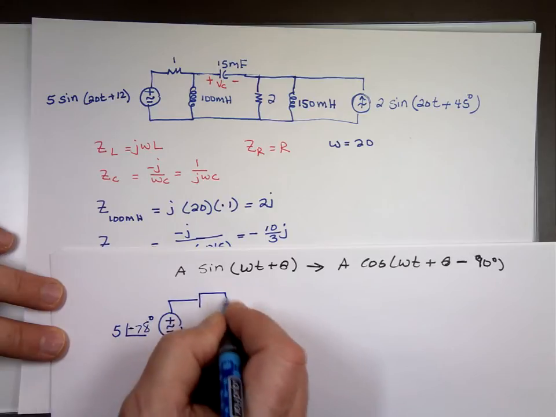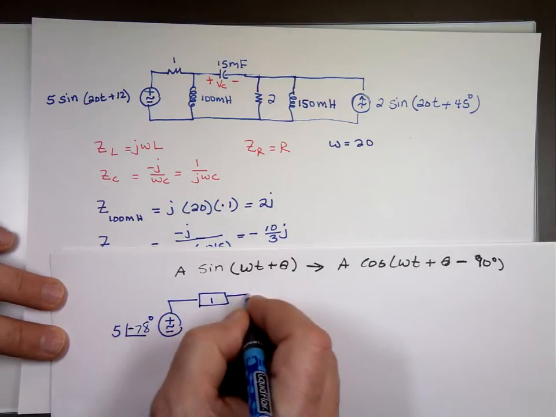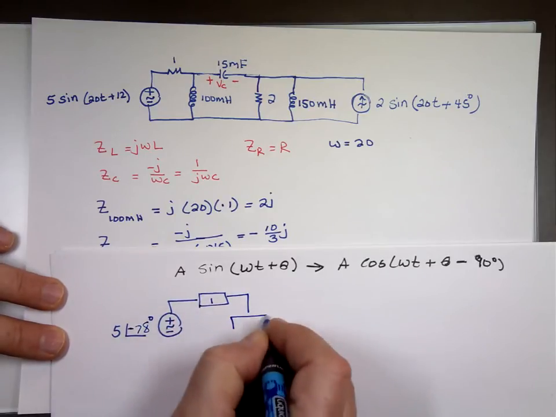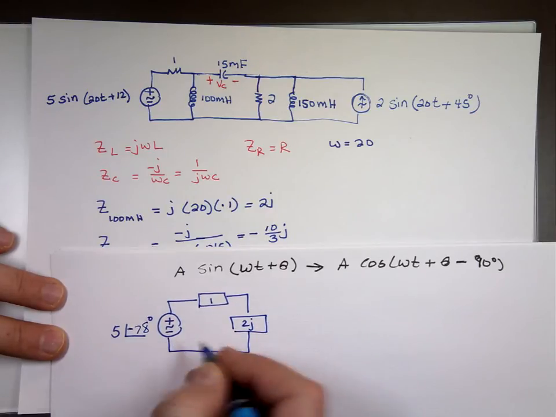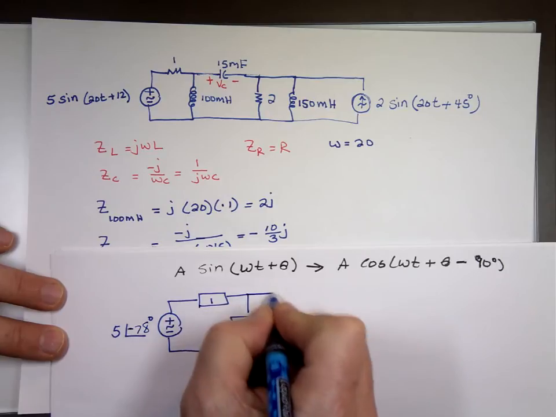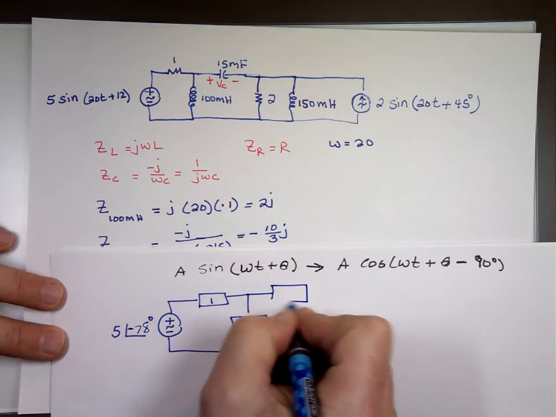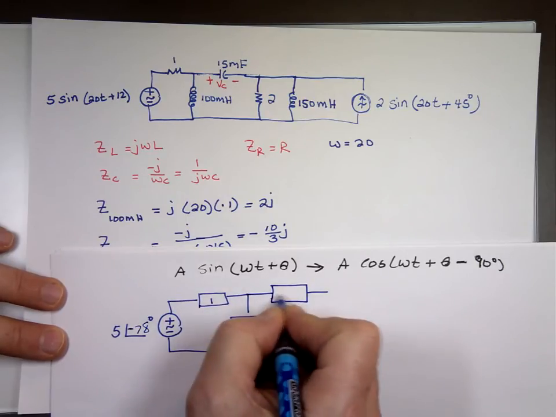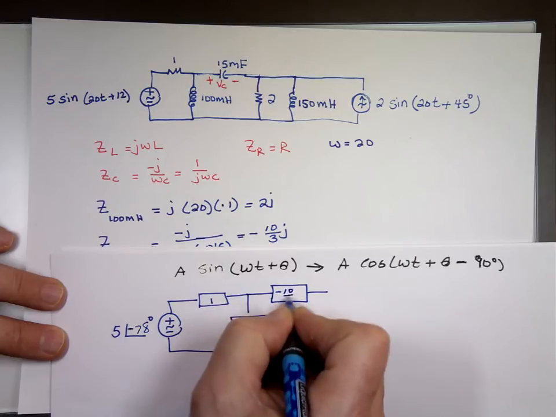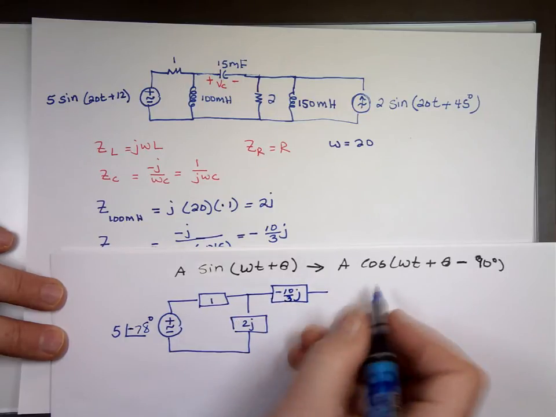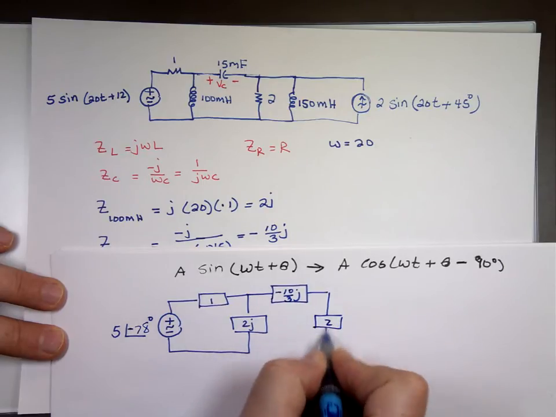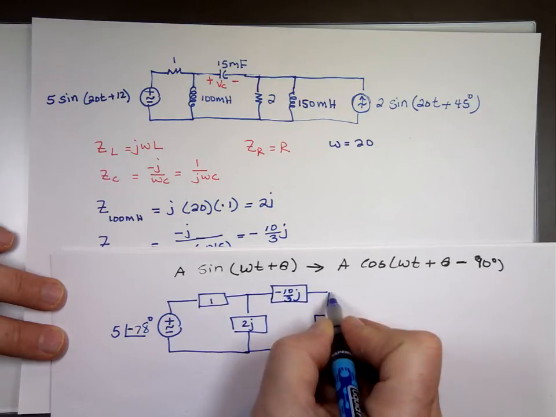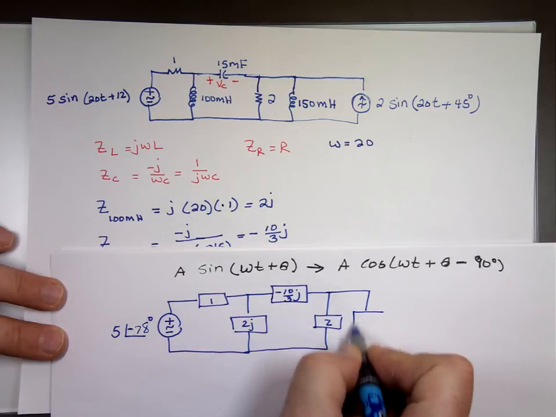This is 1, 2j, negative 10 over 3j, 2, 3j.